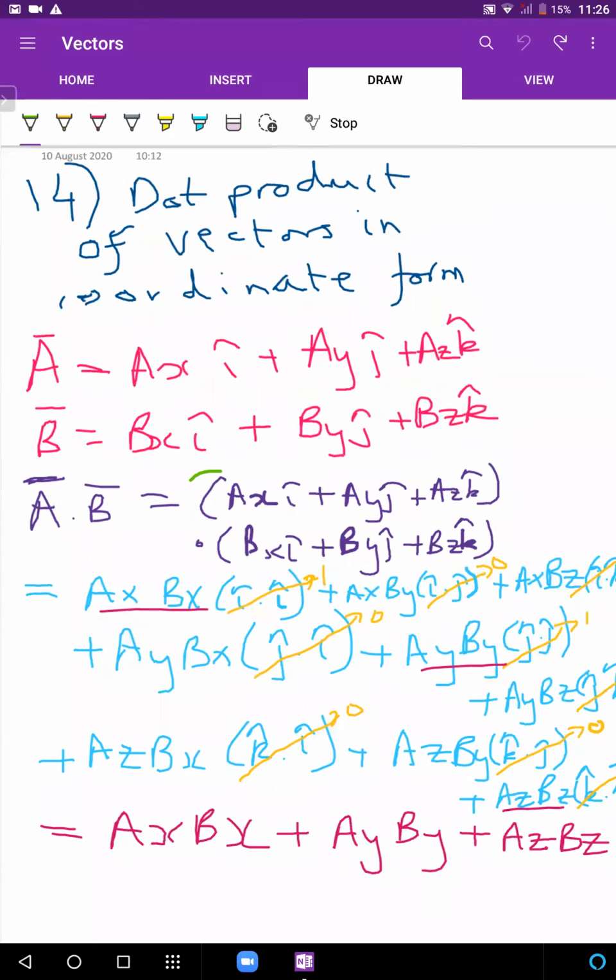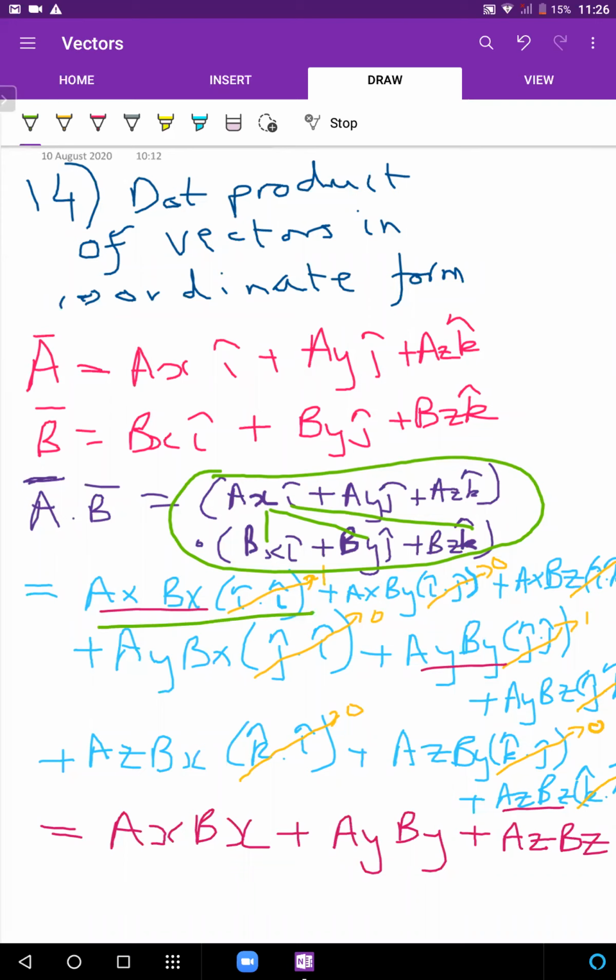What we have learned is when you try to take this dot product and you have these brackets, you can open up the brackets. When we open up these brackets, you will want to multiply each term in the first bracket with each term in the second bracket. So ax into bx I cap dot I cap ऐसा एक term आएगा.